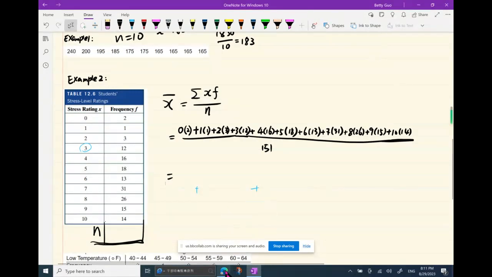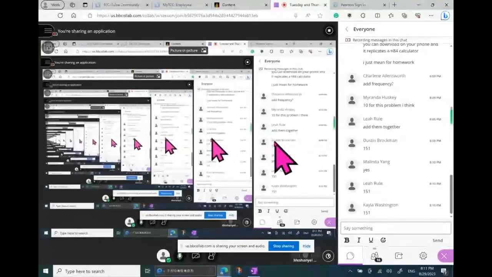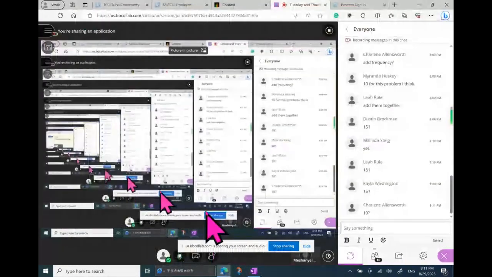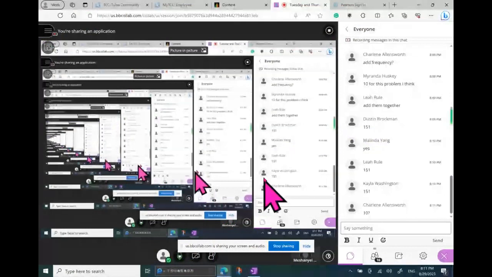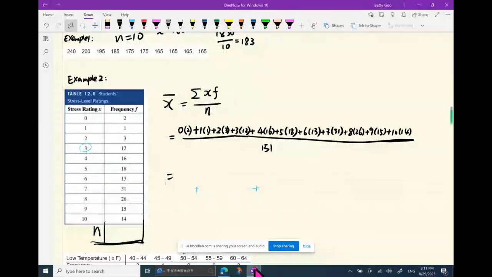And who has the numerator? Who has the numerator though? Numerator is 10? No, I don't think so. Way more than that. Okay, let's spend time to do that.